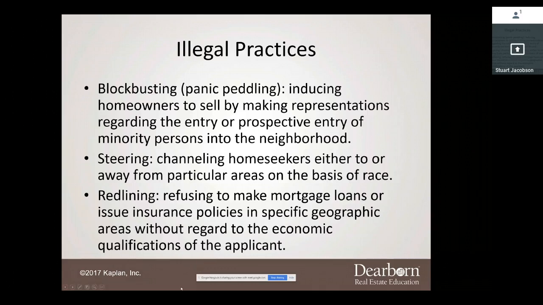Because people wouldn't be able to get mortgages or insurance in specific areas because of their belonging to a particular protected class. So that's something that was a concern. It is not a legal practice anymore.